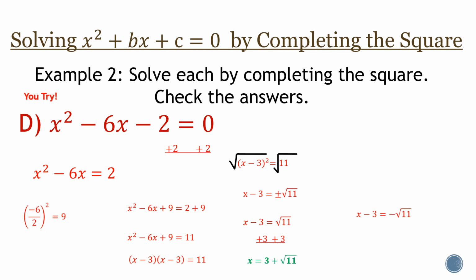So I just leave it as x equals 3 plus the square root of 11, and that's one of my solutions. Now I must do that to the other equation. Add 3 to both sides, and I get x is equal to 3 minus the square root of 11. These are my two solutions, or my two x-intercepts. So sometimes our answers are not perfect square roots and have square roots inside them as an answer.